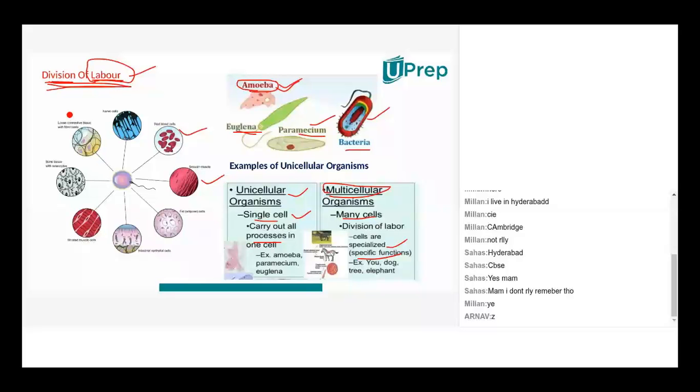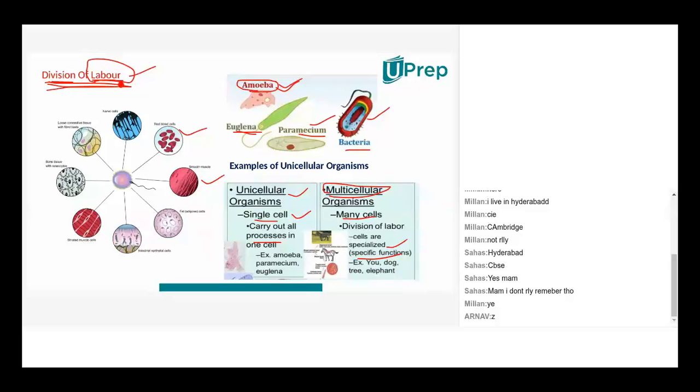Usually, unicellular organisms are made up of a single cell. Multicellular organisms will have many cells. That's the basic difference everyone knows. The best difference is the single cell in a unicellular organism will carry out all the functions, like in amoeba. Whereas in multicellular organisms, all the cells are specialized to perform specific functions, which we call division of labor.